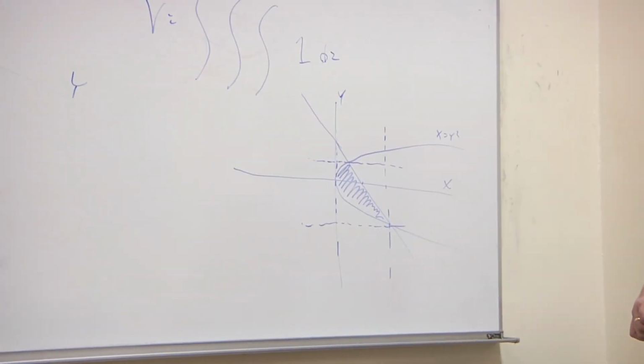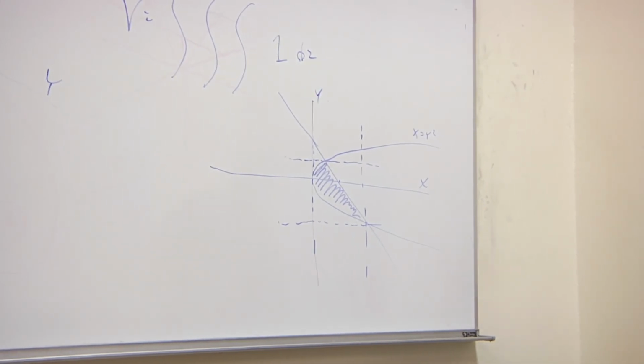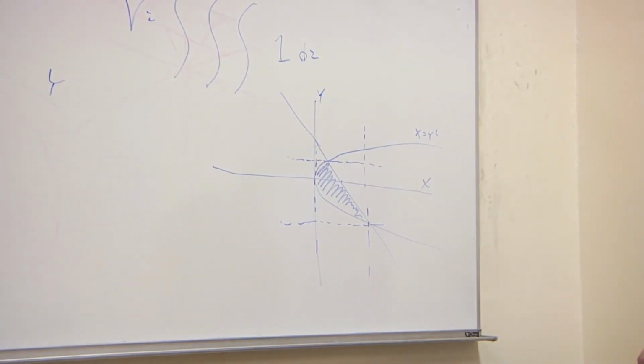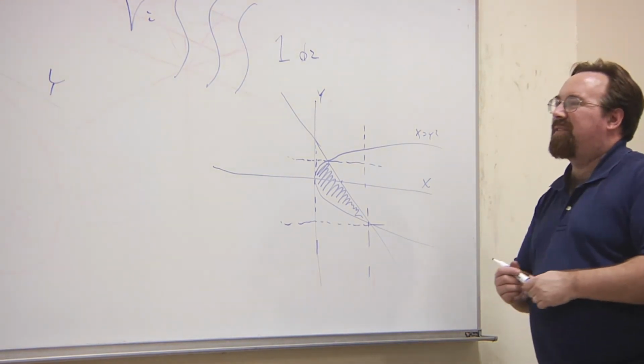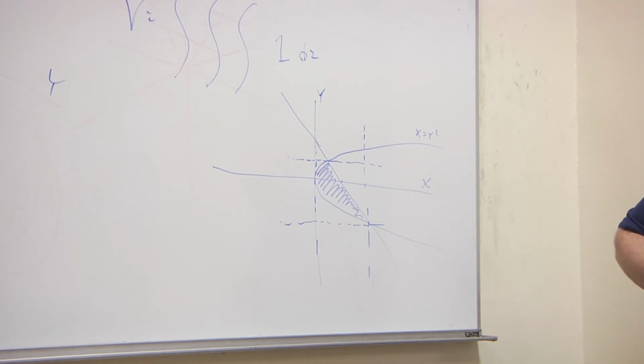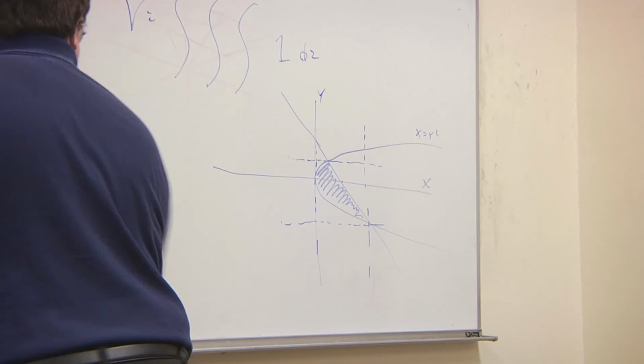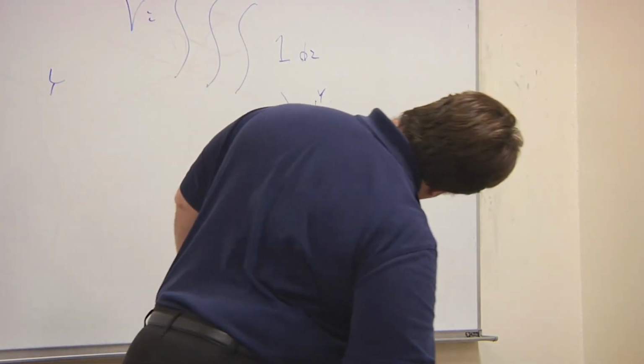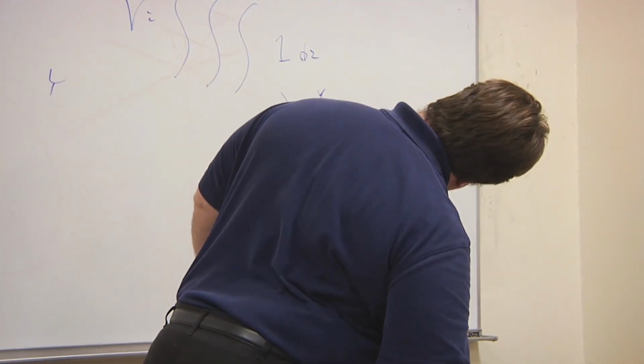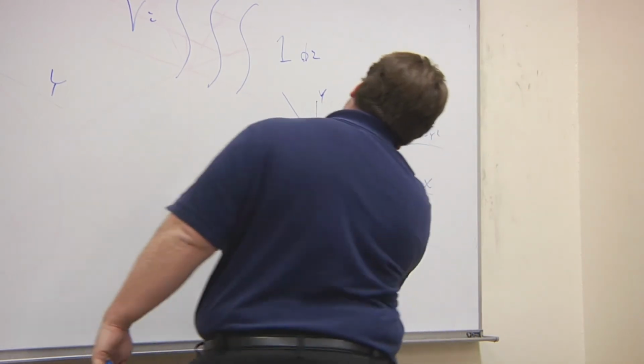Yes? Your line's going the wrong way. You've got it negatively sloped and it should be positively sloped. Yeah, I feel like something was off about this one. Yeah. Cut.